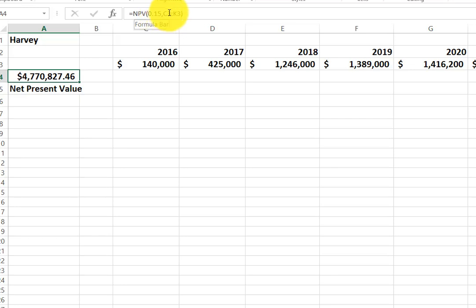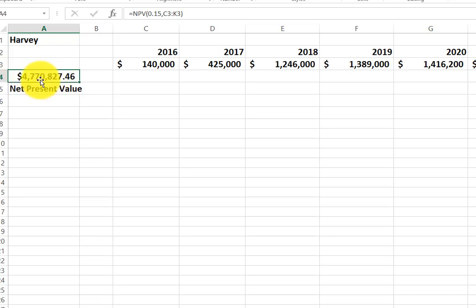Put in the interest rate and then the cash flows, and that takes each of these payments and figures out the present value of each of them and then adds them up all in one fell swoop. So this is assumed to be received at the end of 2016, end of 2017, 2018, and so forth. And then each one of those is the present value at a 15% interest rate.